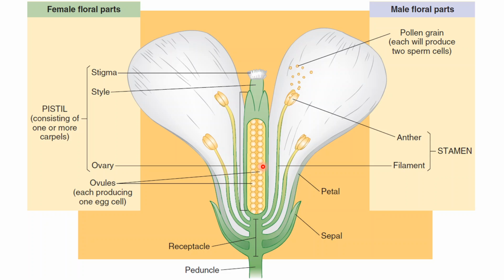There is one type of flower that is female, so they have carpels, and another type of flower is male and they only have stamens. So this is an imperfect flower.